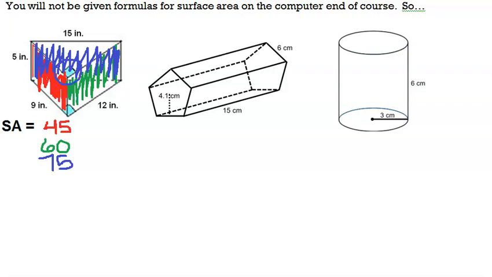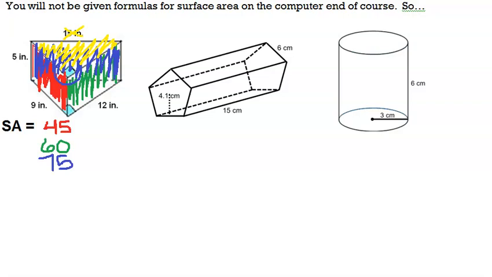So if I'm going to figure out the area of the triangle on top and the triangle on bottom, I'm going to treat the 12 as the base and the 9 as the height. Ignore the 15 because it's not really going to help us. Now, if you did 9 by 12, you'd get the exact same answer. 9 times 12, 12 times 9, either way, it's 108.